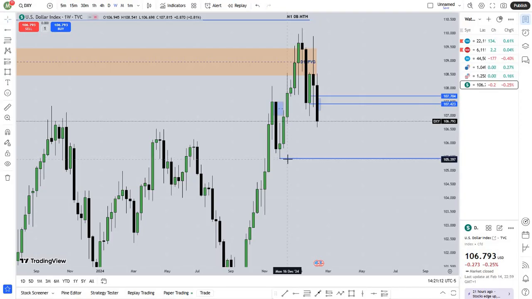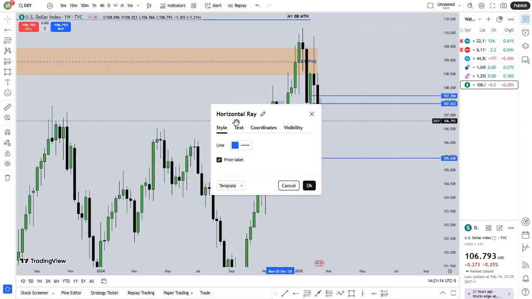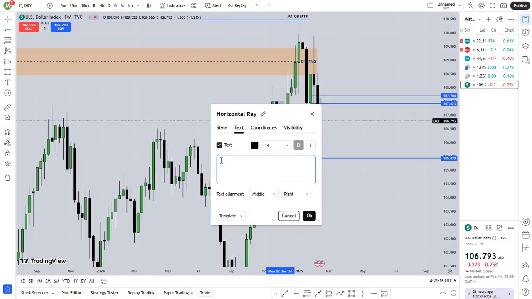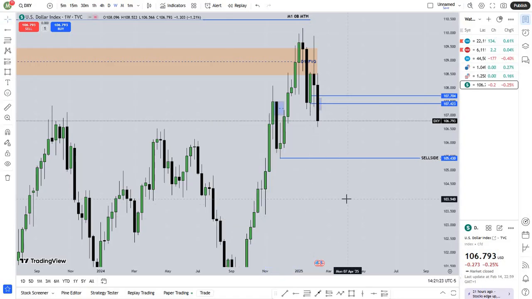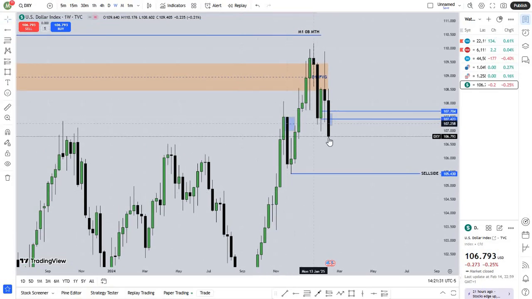That's where I see a drop on liquidity. Sell side liquidity, that's around 105.430. That's the drawn liquidity on this.